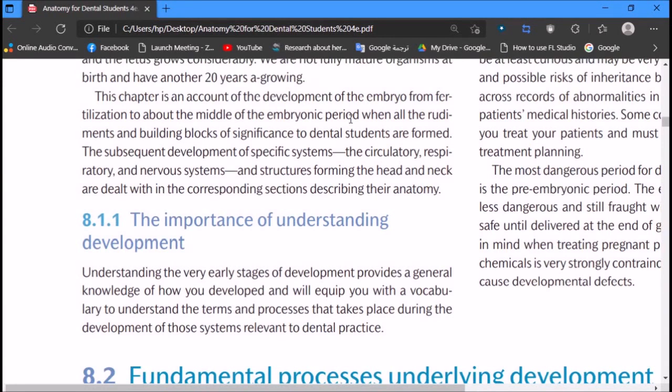The orderly switching on and off of genes during development ensures that cell division, death, migration, and differentiation take place in the correct sequence at the correct time and in the correct place to produce the complete functioning organism that is human.